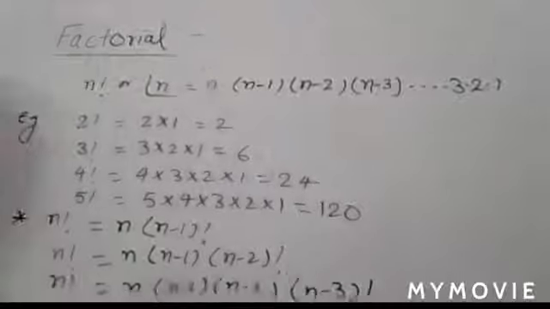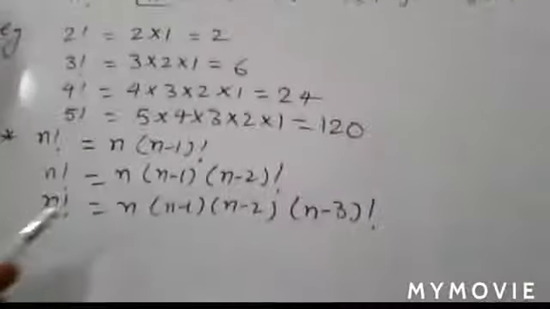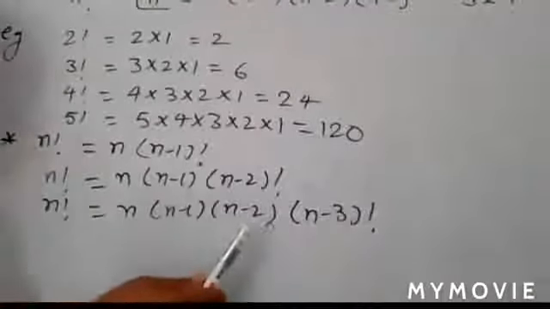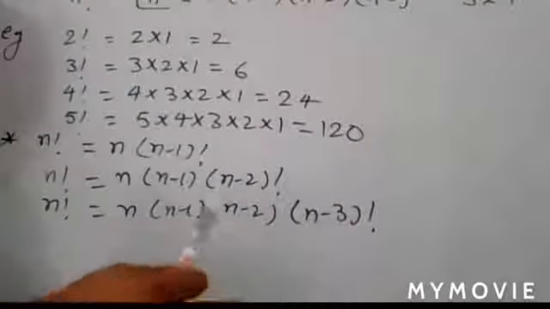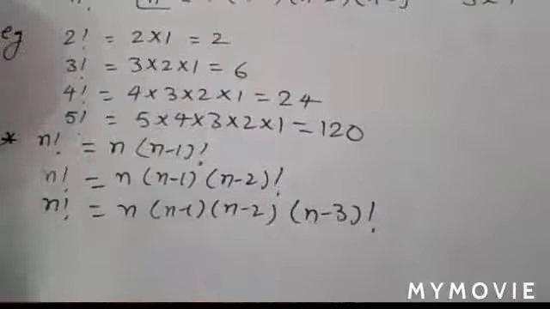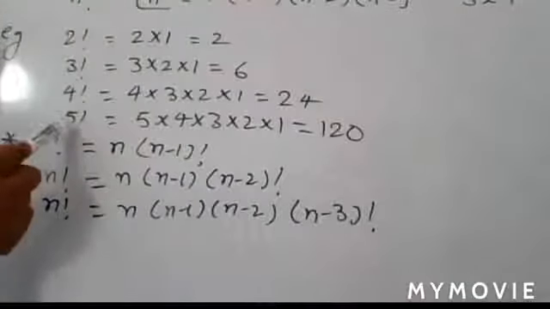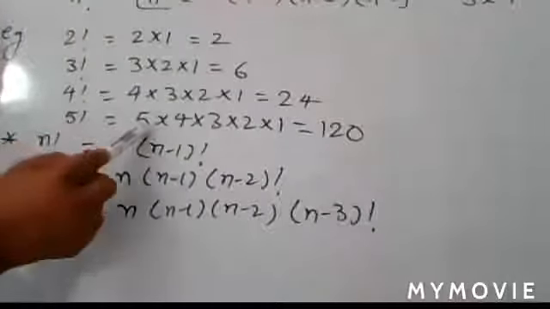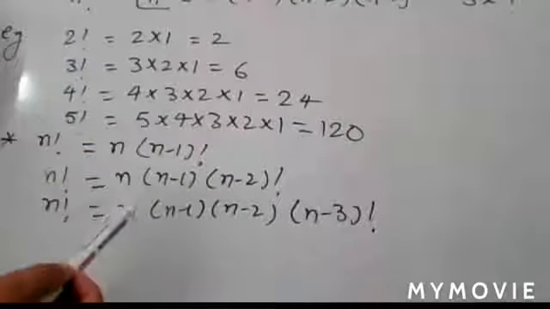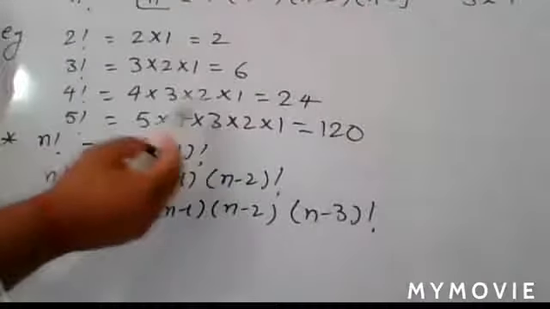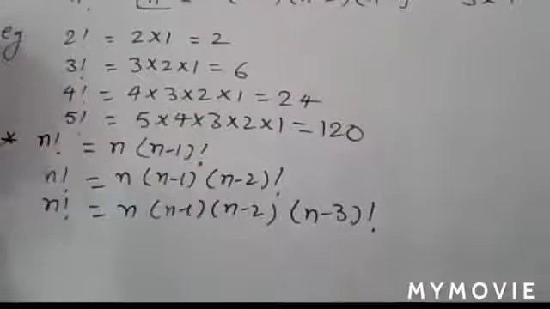If you want to stop the expansion, you write the factorial sign. So factorial 5 can be written as 5 into 4 factorial, and also as 5 into 4 into 3 factorial. As per need, you write your expression like that. Noted.